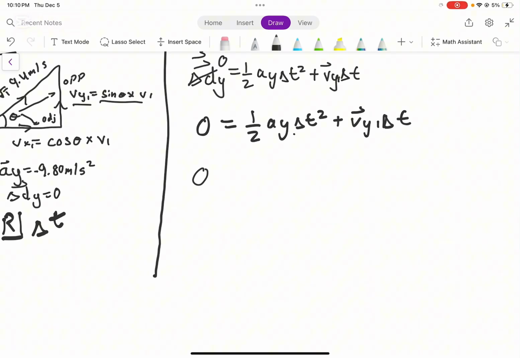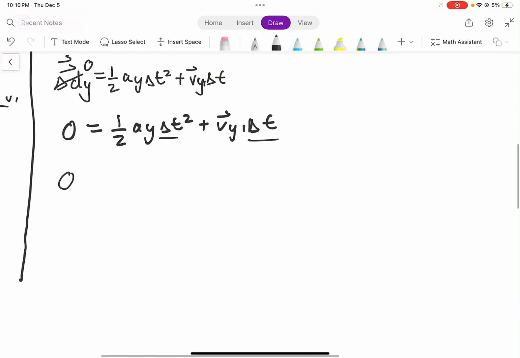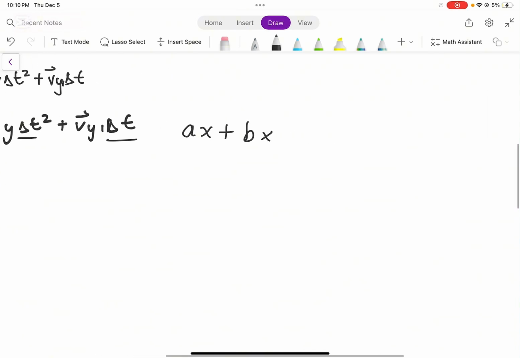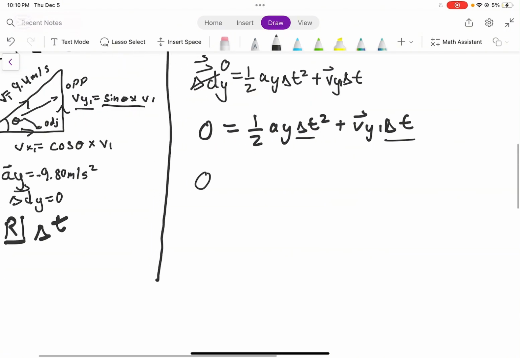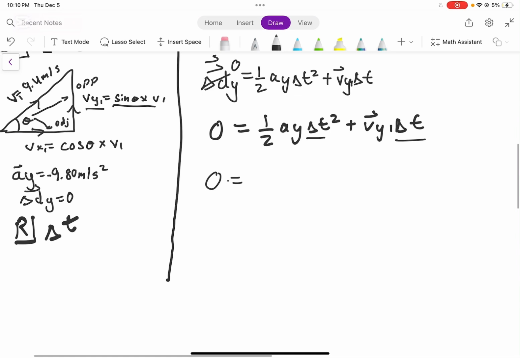You can notice that there's a delta t here and a delta t here. That's the same as if we had ax plus bx, we have x in both terms. So what can we do? We can factor them out. We can factor out the delta t and write delta t out here, times 1/2 ay plus vy.